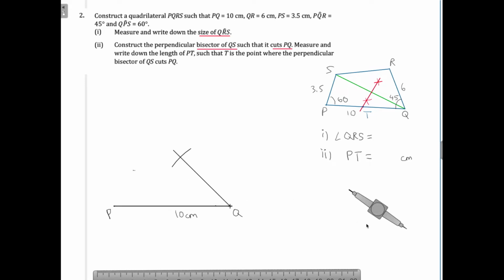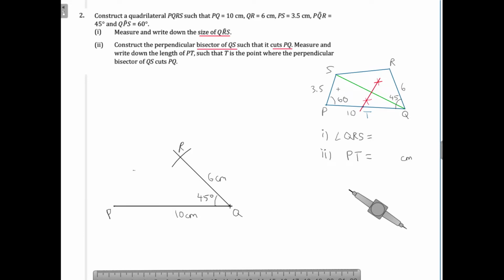That will give us the point R, which is 6 cm away from Q. And the angle here is 45 degrees. We must label all the information given in the sum.